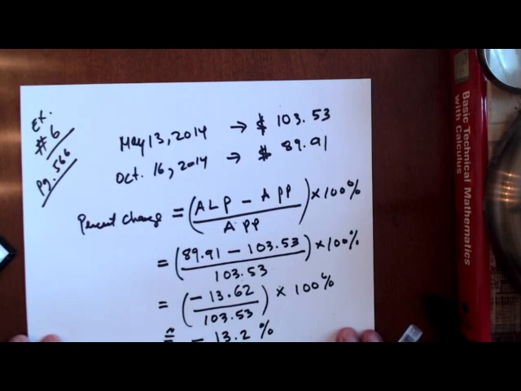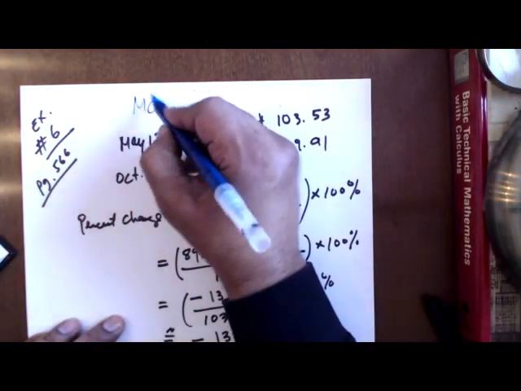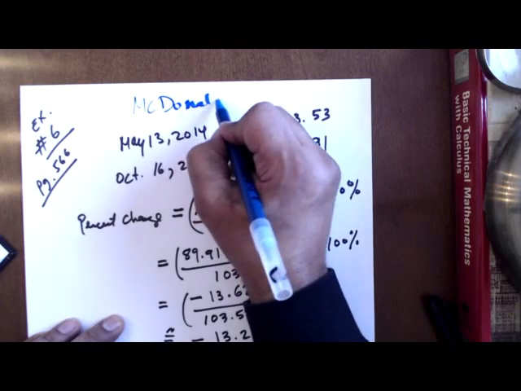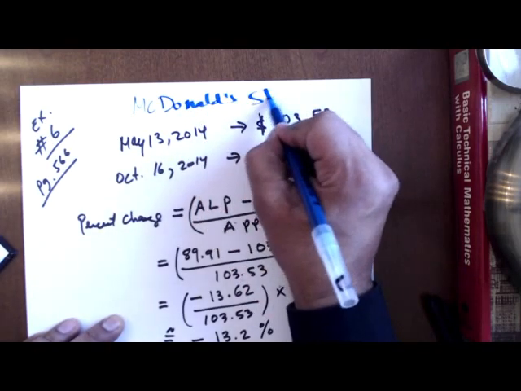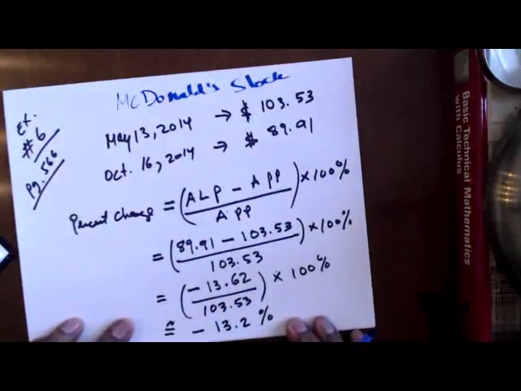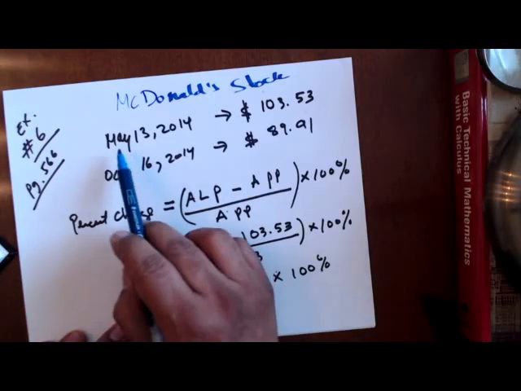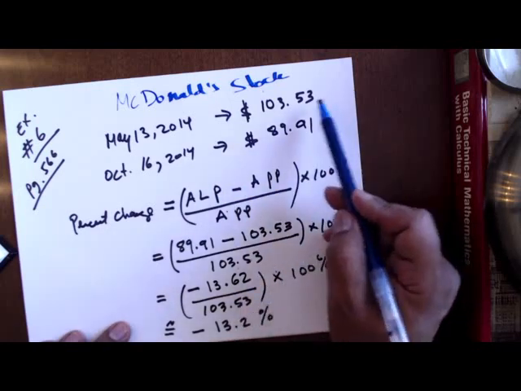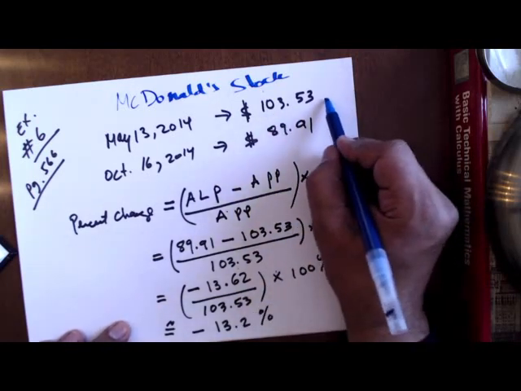then we need to understand what the numbers mean. And so in this case, for the stock of McDonald's, for the period of May 13, 2014 to October 16, 2014, there was a decrease in value, right?